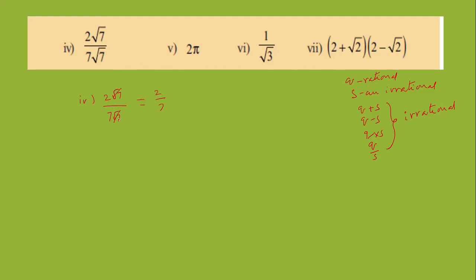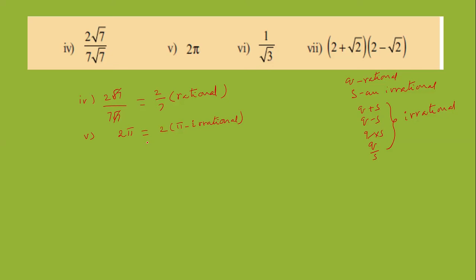Here you observe in the numerator and denominator there is root 7 as a factor, hence the remaining terms are 2 by 7. Here the root 7 in 7 root 7 and the root 7 in the numerator are cancelled. So what do you say about 2 by 7? It is a rational number.